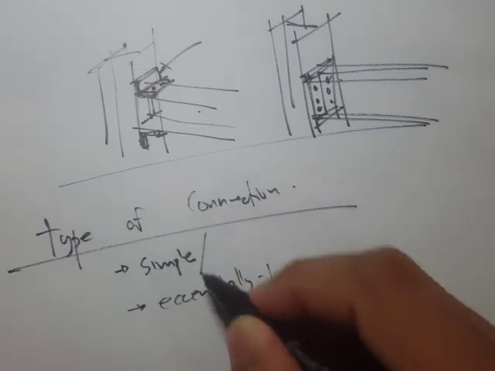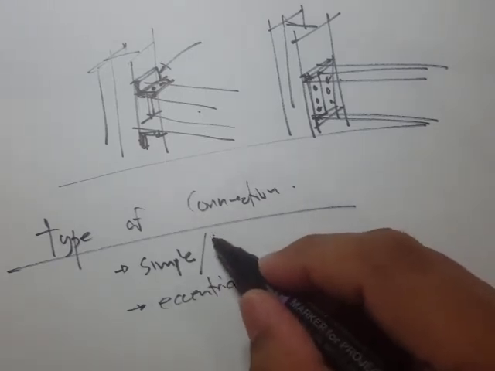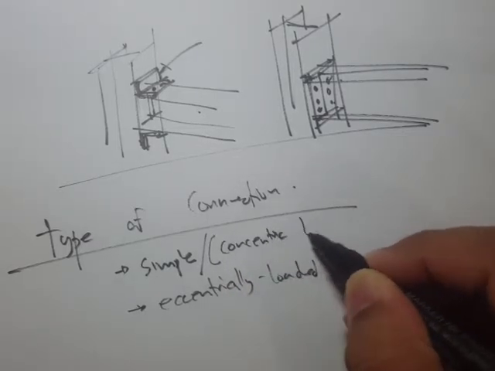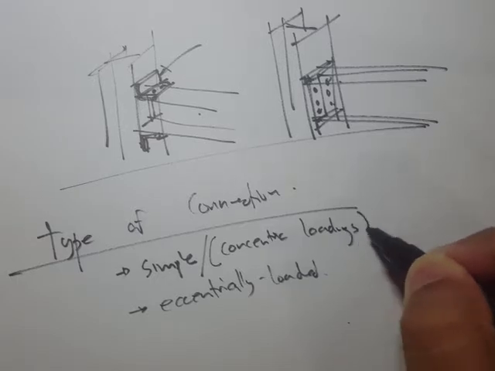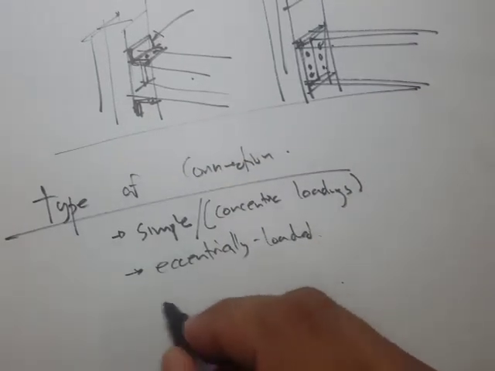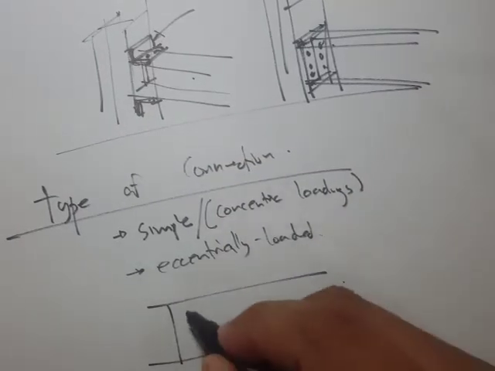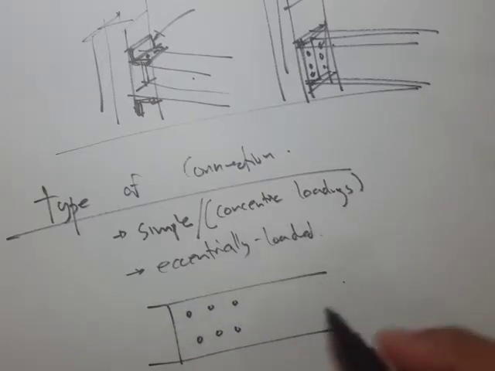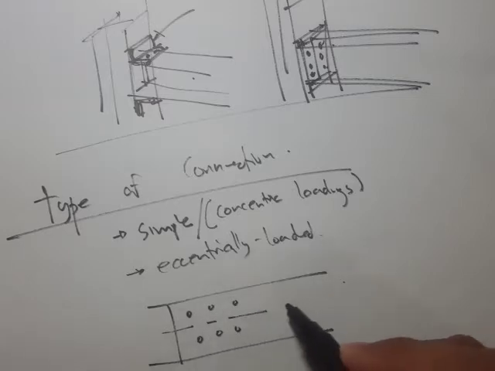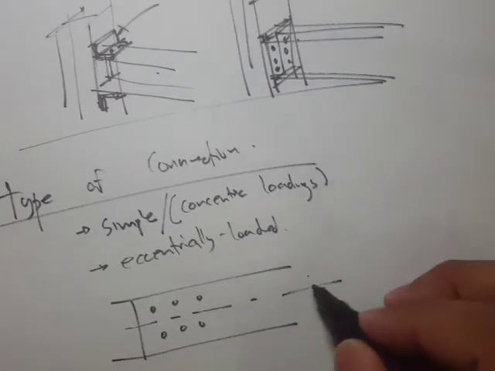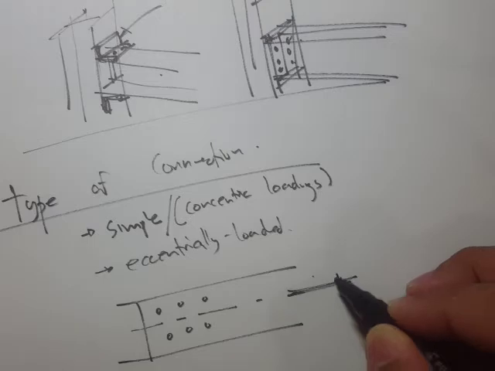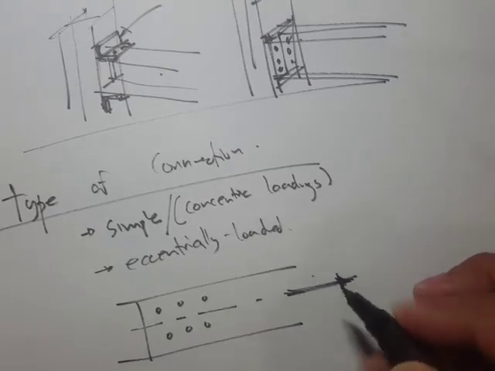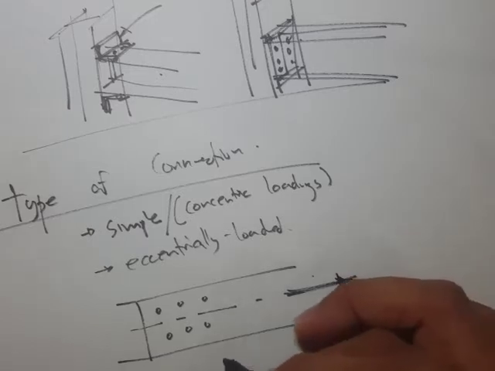The simple connection is also referred to as concentric loading. For example, we have this bar and this line of bolts, and let's say this is our centroid. If the loading of the force is along this centroid, then that's what we call a simple connection.